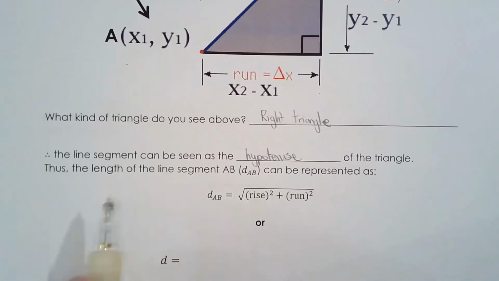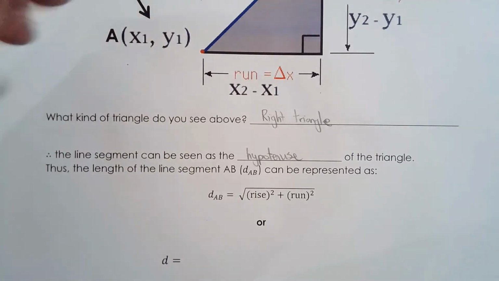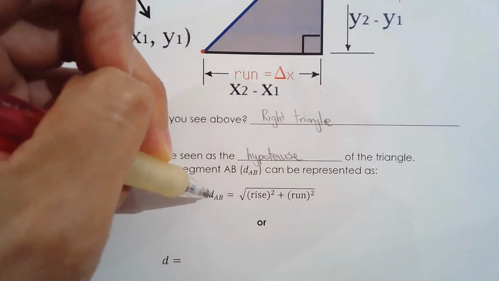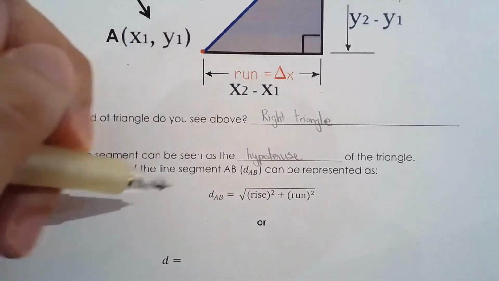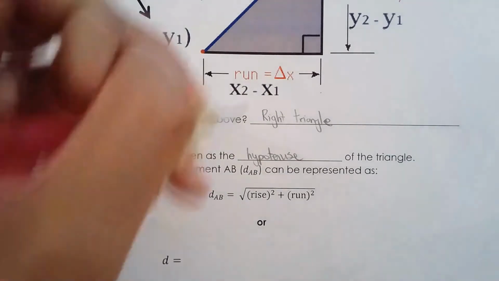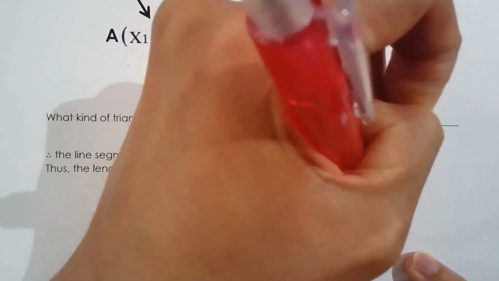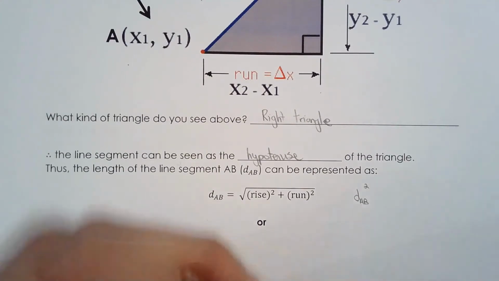D is for distance. Or you can replace D with L if you don't like D. L would stand for the length of the line segment. They all mean the same thing, so whatever your preference is. I'm going to write the distance from A to B. If I square that, remember it's the Pythagorean theorem: a squared plus b squared equals c squared.